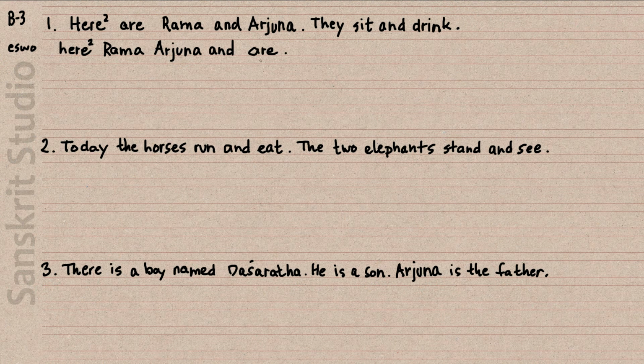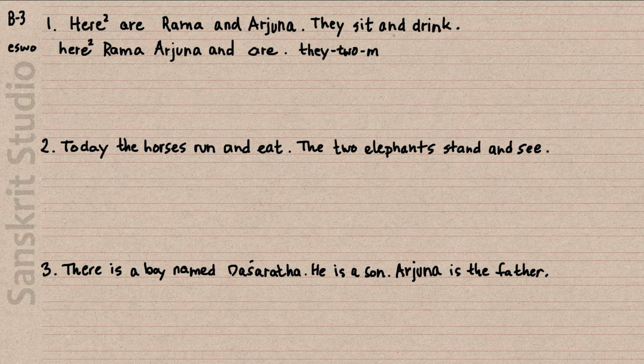Here Rama, Arjuna, and are, and they sit and drink, and then we may ask ourselves, who are they? Well, they are Rama and Arjuna, so they are 2, and they are masculine. And what are they doing?